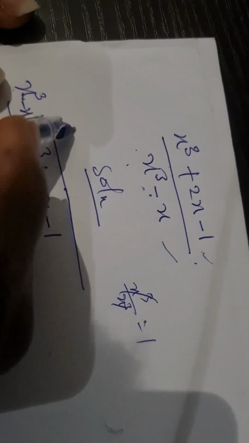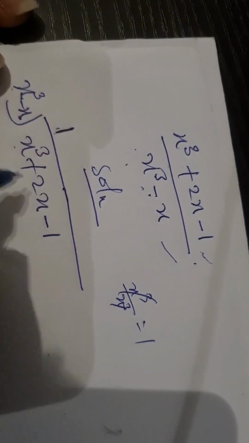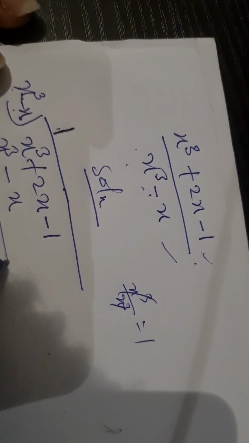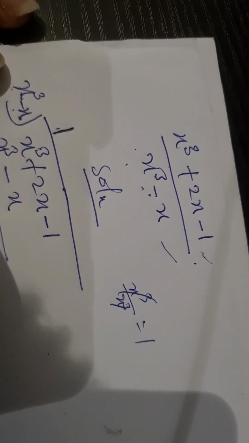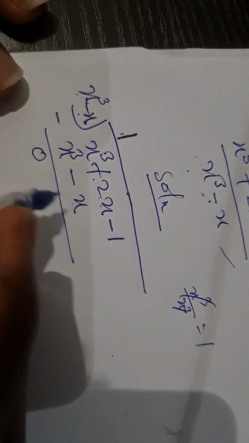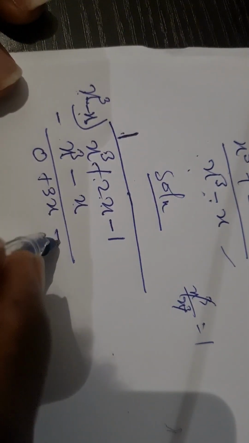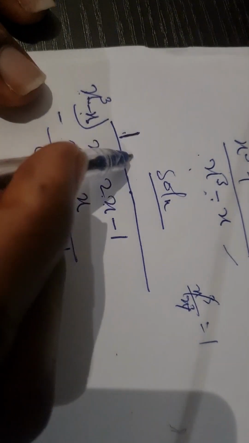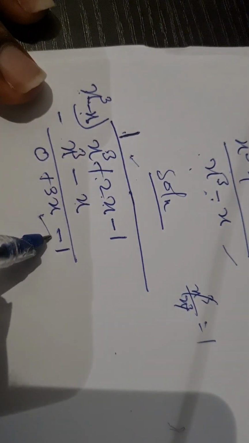So you write the 1 here, like you're doing a long division. 1 multiplied by x cubed is x cubed. 1 multiplied by minus x is minus x. So when we subtract, x cubed minus x cubed is 0, plus 2x minus x is plus 3x, minus 1. Right? So this is our quotient, this is the remainder.